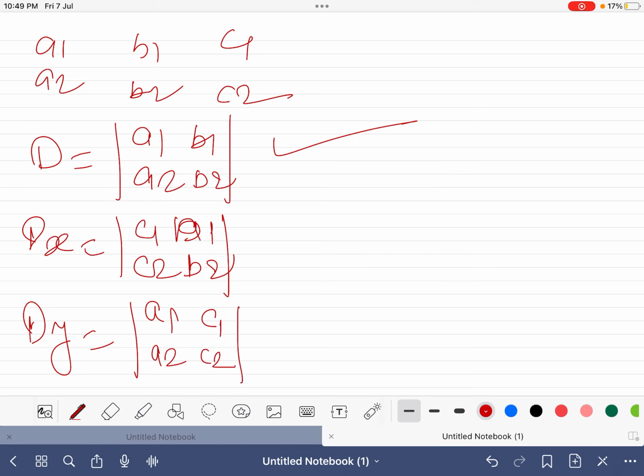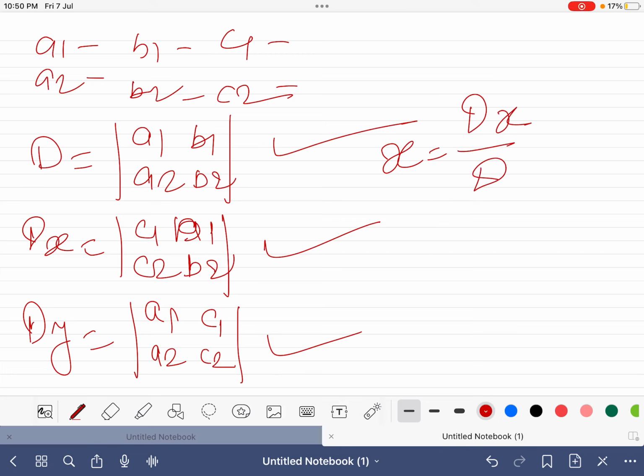So likewise, find these values, find the values of d, dx and dy, and put these values in this formula. So x is equal to dx upon d, y is equal to dy upon d.